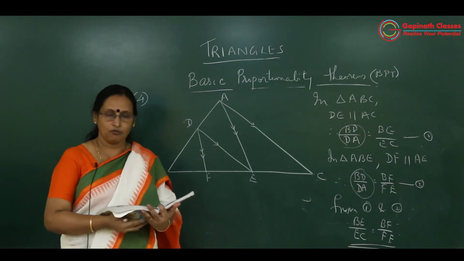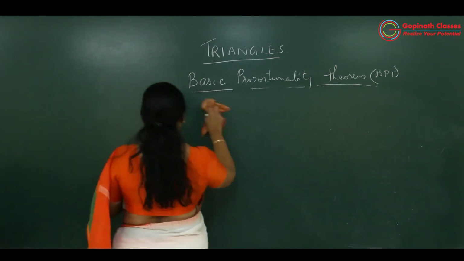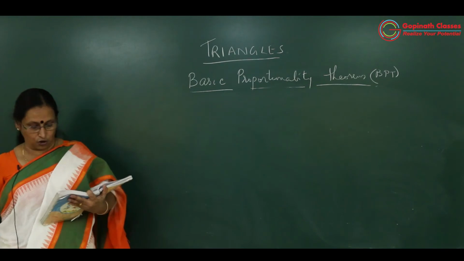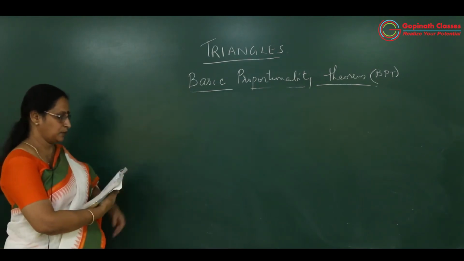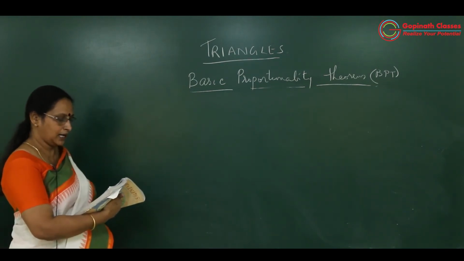Now come to the fifth question. The fifth question is applying the converse, because there you have to prove that EF is parallel to QR.